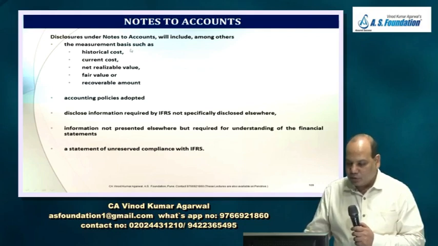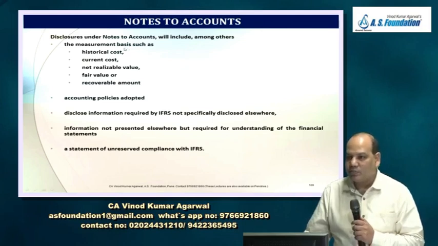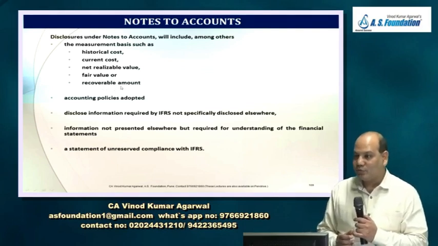For example, it will include the measurement basis: how various assets, liabilities, income or expenses were measured. The basis of measurement could be, in some cases, historical cost, in some cases current cost, for some items like inventory net realizable value, for financial instruments it may be fair value, or sometimes for property, plant, equipment it may be recoverable amount.